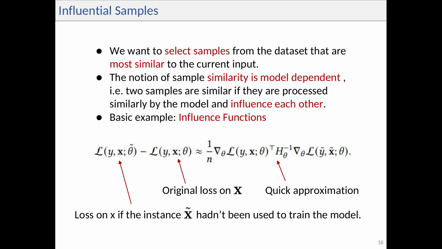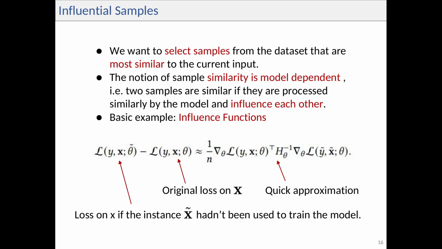Now we look at another type of explanation, which is influential samples. In this case, we don't want to attribute an importance to input tokens or input features. Rather, given a certain input, so one single instance, so again we're talking local, we want to select samples from the dataset that are very similar to the current input.